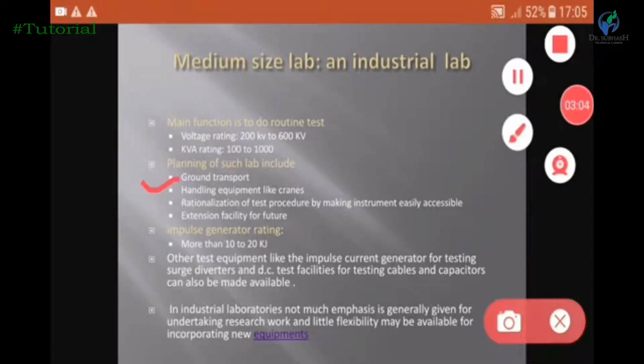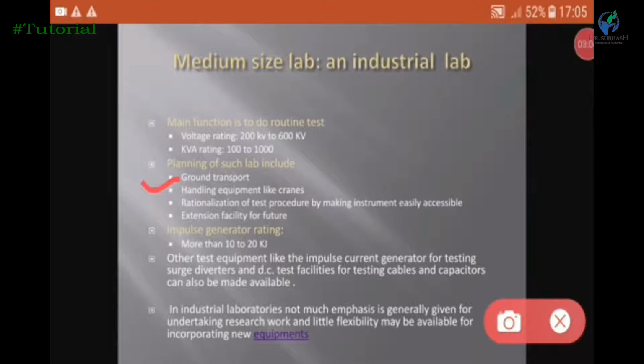See, the equipment for a high voltage lab is very heavy and bulky, so ground transport is necessary for this lab. Handling equipment like cranes is also necessary. Rationalization of test procedure by making instruments easily accessible.